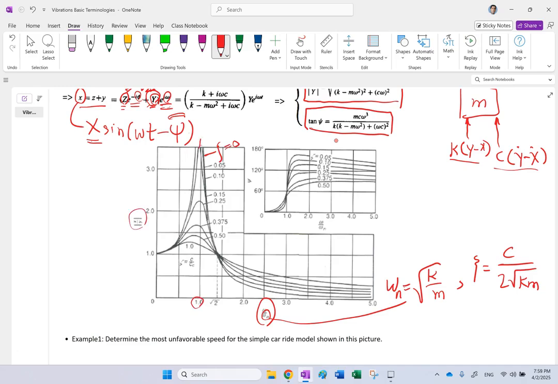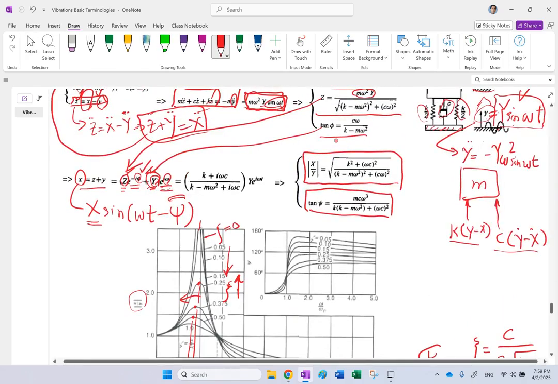You see the magnitude of X goes to infinity, and then the bigger the zeta becomes, the bigger the damping becomes, the smaller the resonance is going to be, and the frequency of it is shifting to the left.